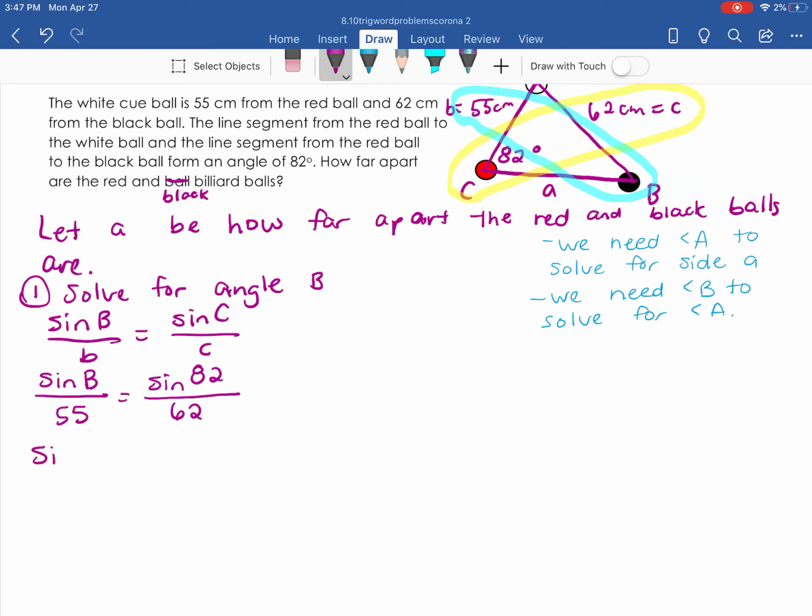Okay, so I'll do the right-hand side here first. So sine 82, equals, divided by 62, and you get 0.01597. And then to get the 55 out of the bottom here, we have to multiply the other side. This cancels.